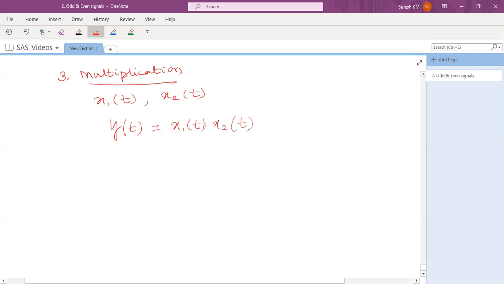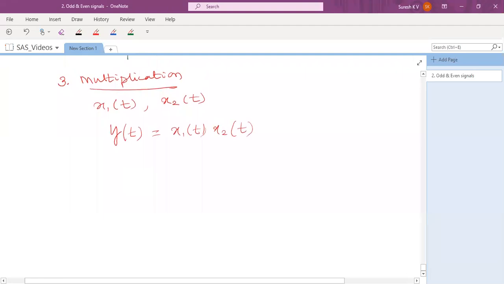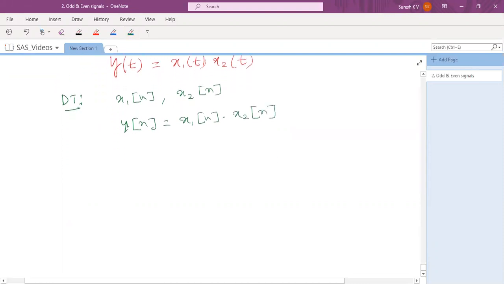So at every instant of time t, the signal values of x1 and x2 get multiplied. For a discrete case, if x1 of n and x2 of n are the input signals, then y of n is x1 of n multiplied by x2 of n. So we will take examples.